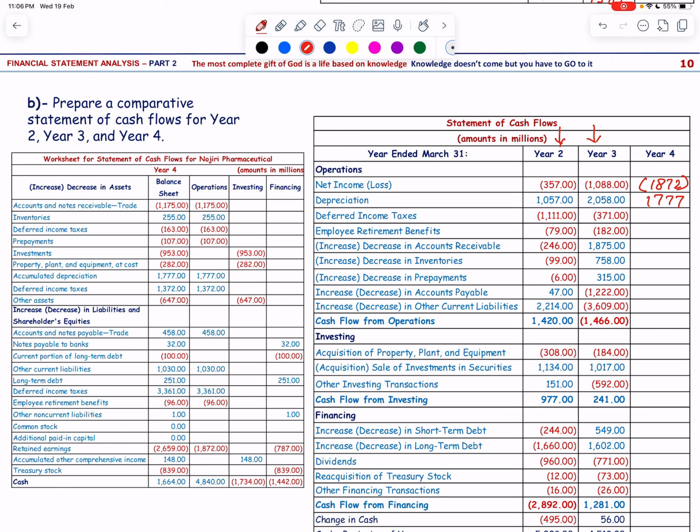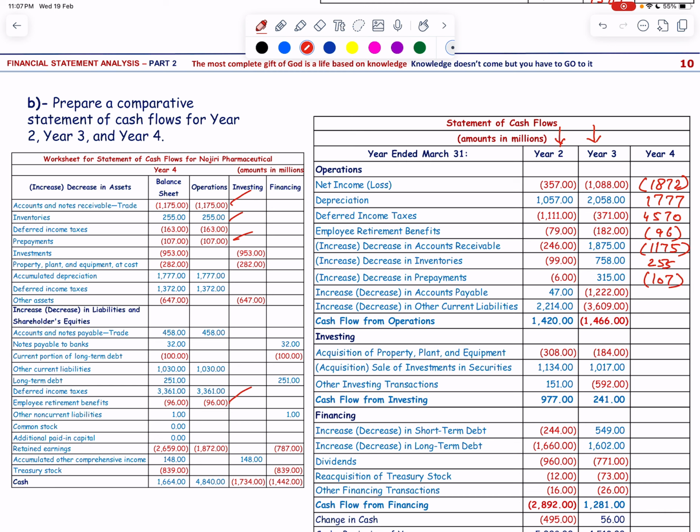Then we have deferred income tax of 4570, negative 96 for the retirement benefits. Then the increase in the accounts receivable, 1175, increase or decrease. Then for the inventories, 255. Then we have increase or decrease in the prepayments, that is 107 in brackets.